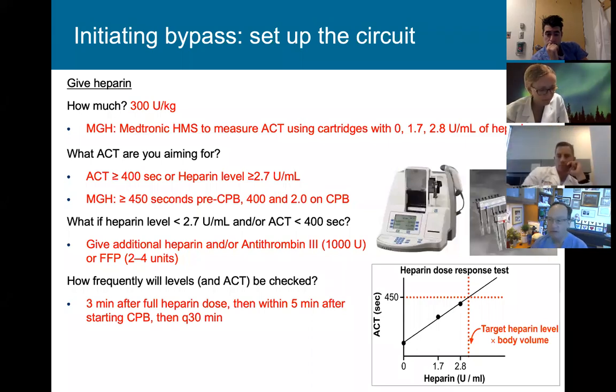The cartridges are made with diatomaceous earth, which is not a very precise chemical reaction, so depending on the manufacturer and source of diatomaceous earth, you got very different ACT numbers. That's the reason to look at heparin levels. The protamine story was a big driver for going to heparin levels.